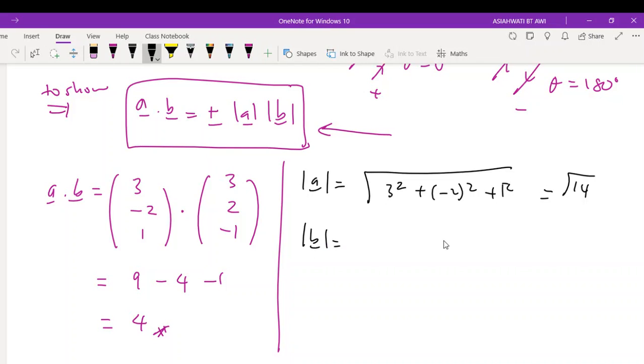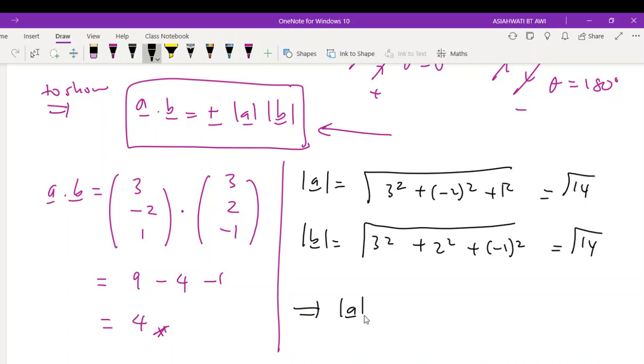Modulus vector B: 3 squared plus 2 squared plus -1 squared. This one is also 14. Then modulus vector A times modulus vector B, between this one nothing, just leave it like this, is equal to 14 times 14 is equal to 14.